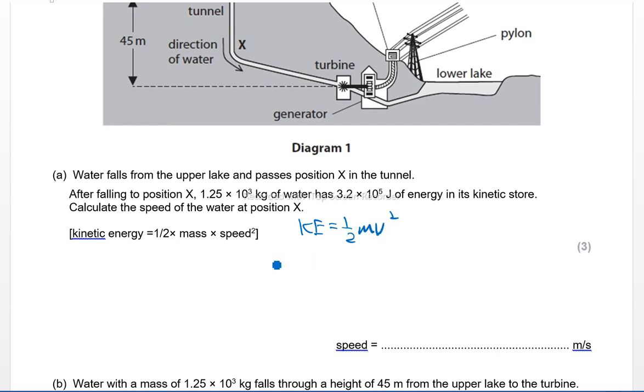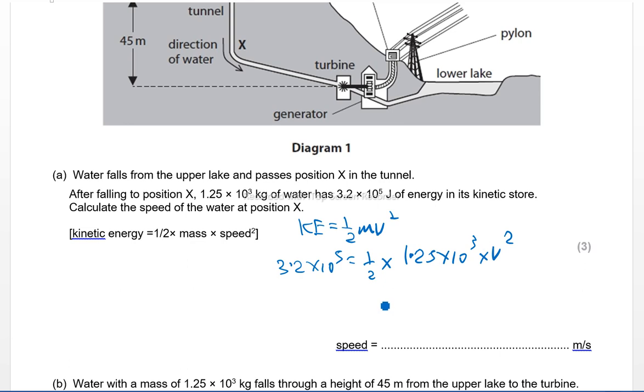So kinetic energy is 3.2 into 10 to the power 5, equals half into mass, 1.25 into 10 to the power 3, into v squared, right? So you can simply substitute and get the answer. You can make v the subject.